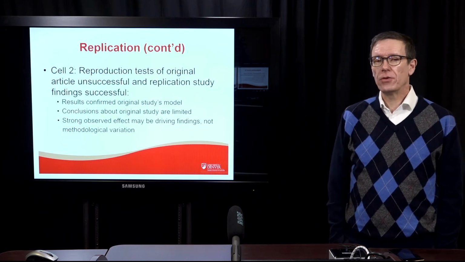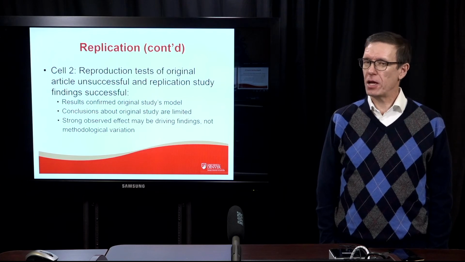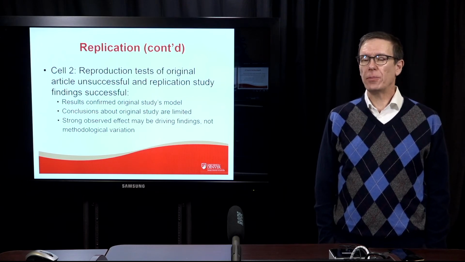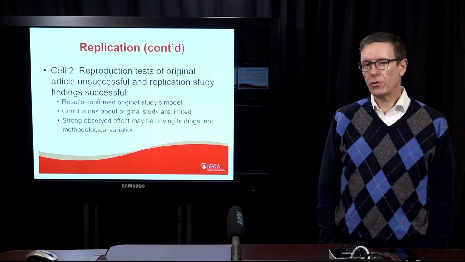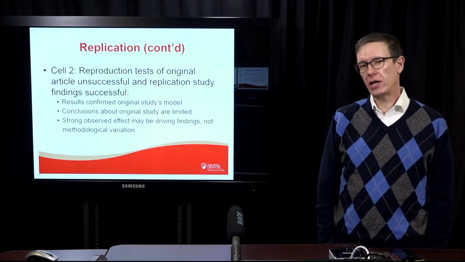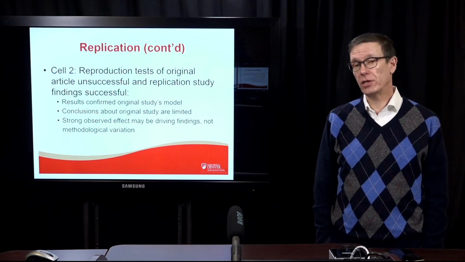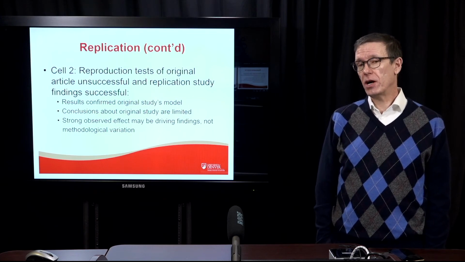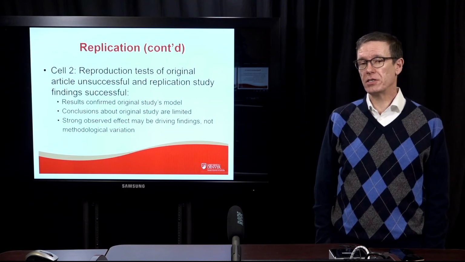Cell 2, the reproduction test of the original article was unsuccessful, so we were unable to reproduce it, and the replication study findings actually were successful, meaning that the replication corroborated or came up with the same findings as the original article, despite that we couldn't reproduce it, perhaps due to limited information in its reporting or missing variables in the matrices and so on.